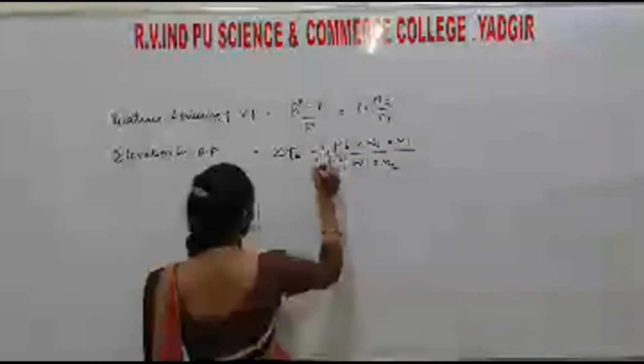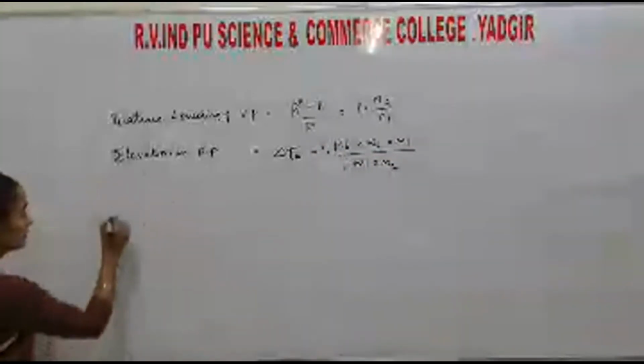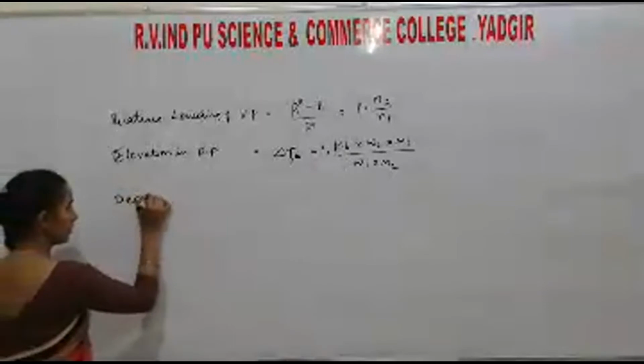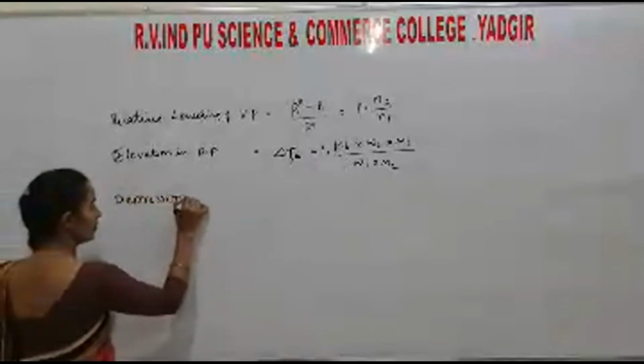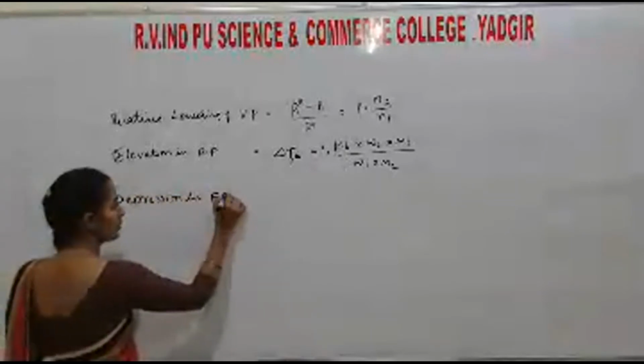This is also multiplied by i. Next, depression in freezing point.